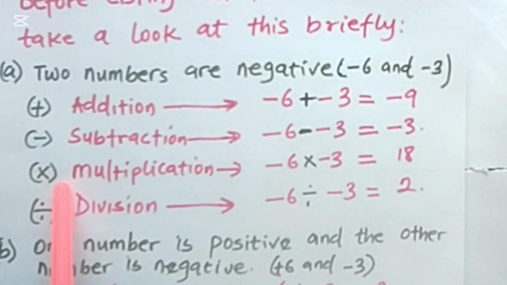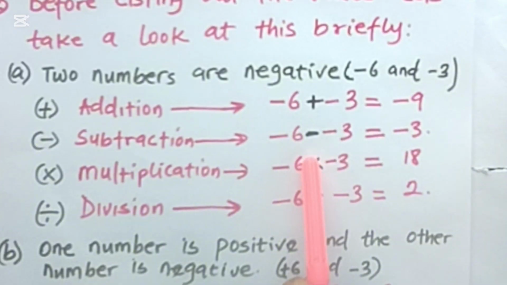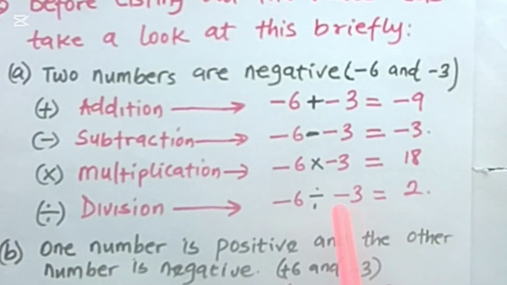If you watch it here, multiplication is the mathematical operation being carried out on -6 and -3. So you see, when two negative numbers undergo multiplication, the final answer is a positive number.